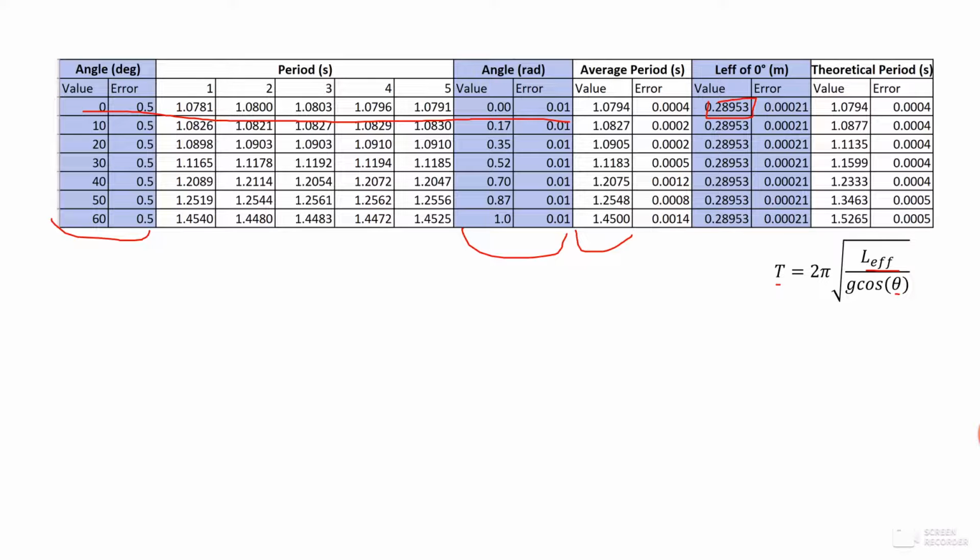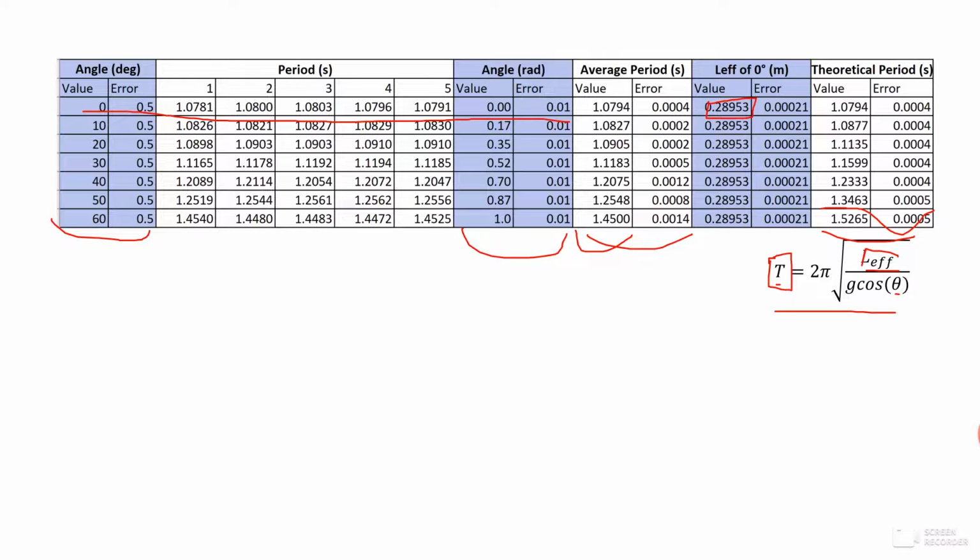And remember, theoretically it's constant, so we can use it on all the other angles. We can replace effective length by this number and simply get what will be the theoretical period. So therefore we have two periods, the one we got experimentally in these columns and the one we got theoretically, and we can compare these two to see how well the formula right here holds up.